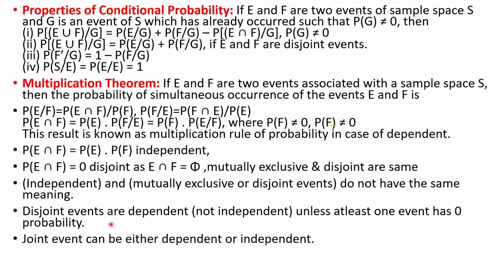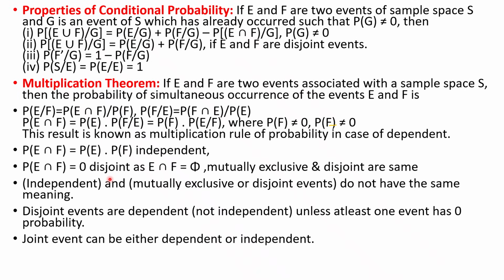Now, why am I saying that? See, for disjoint events, E intersection F becomes phi, so the probability of E intersection F becomes 0. Now, why am I saying dependent? Because they will be independent only if P(E intersection F) equals P(E) into P(F). Now, the product P(E) into P(F) will give you 0 only when either this or both are 0.